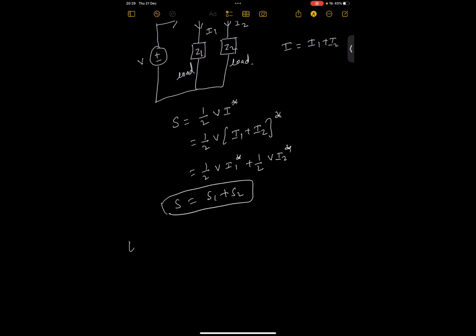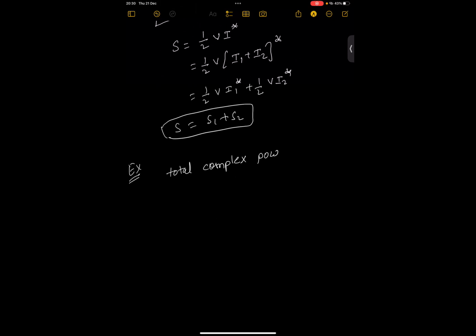We have to find out the total complex power of 3 loads.